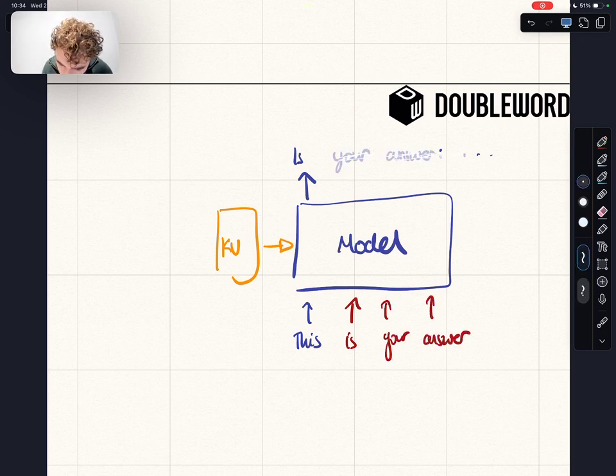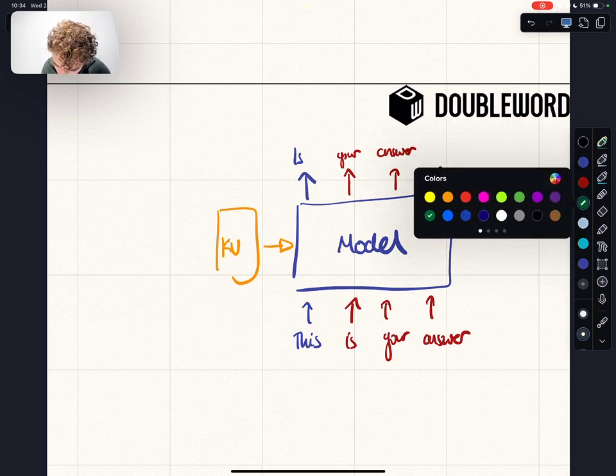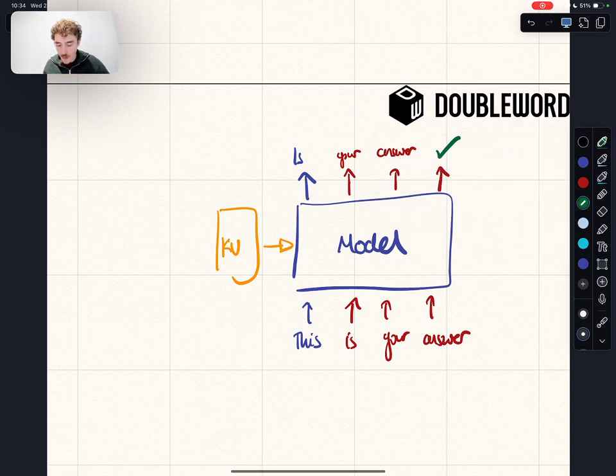What would happen is the model's output would look something like this. It would agree with your token.